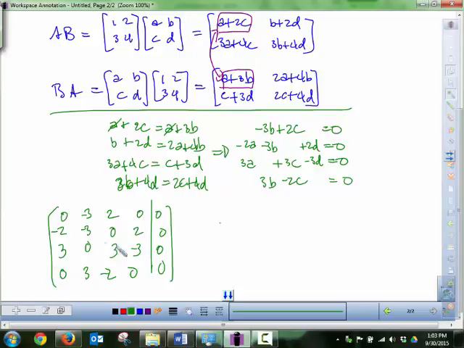All right, so I don't have a 1 in my first slot, so I might want to do a little swapping first. I'm going to take row 3 and first replace it with 1/3 row 3 and then move it up, swap it with row 1.